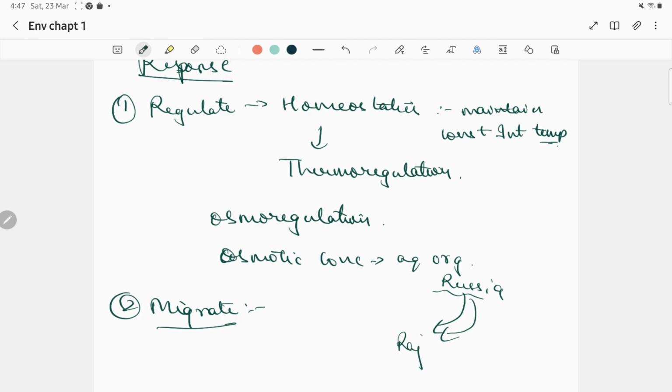They migrate such a long distance. Why? Because it is very cold. In winter, they cannot survive. So these are called migratory birds. Examples are Siberian cranes, Amur falcon, greater flamingo.